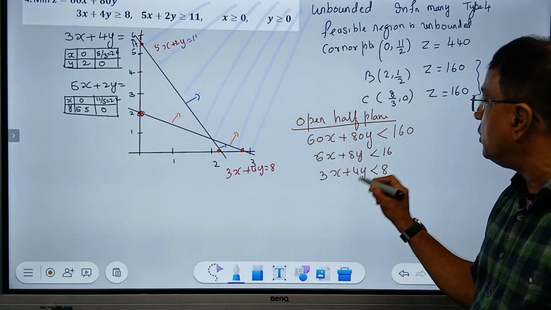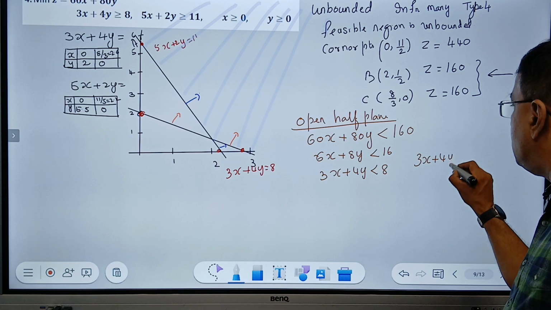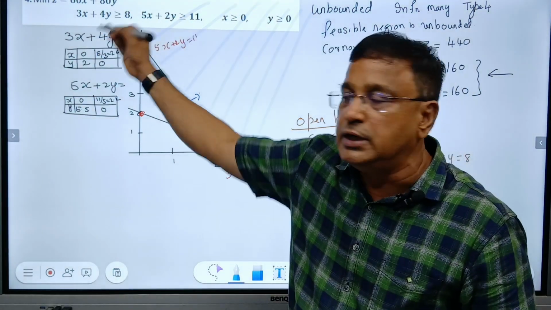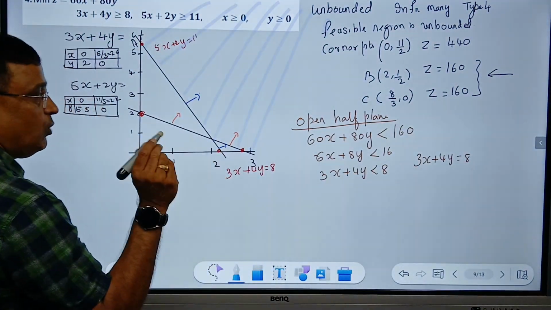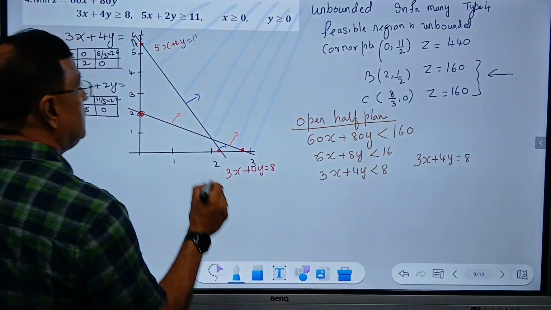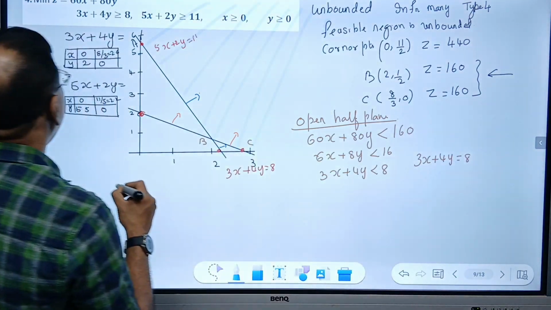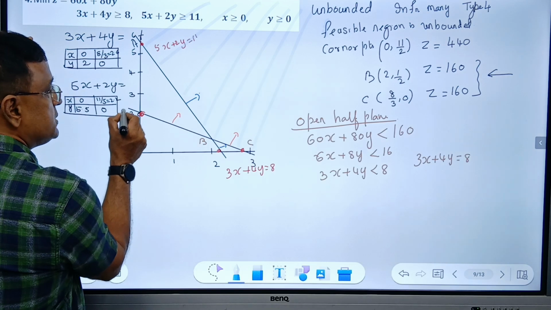Now I want to plot 3x plus 4y equal to 8. I don't have to make any special effort because I already calculated it. Now I am going to draw. See how I draw the open half plane. Watch this carefully. This is A, this is B, and this is C, right? So I am going to plot this graph. Just visualize it.